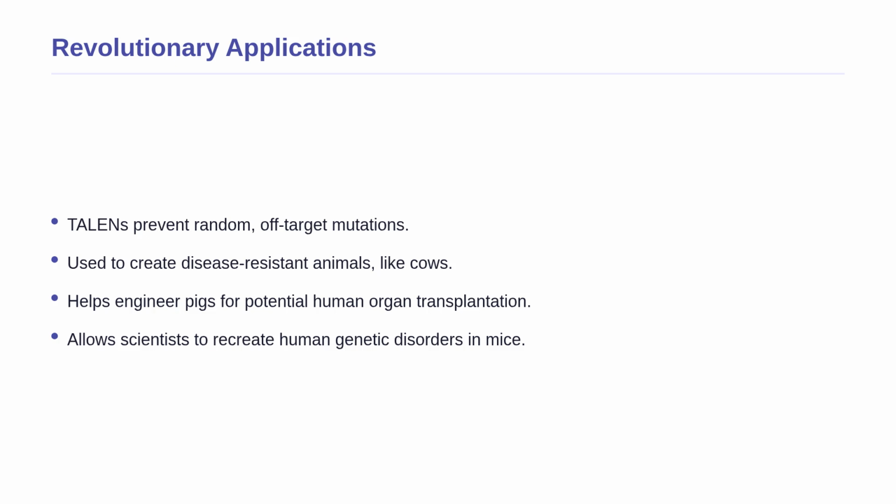Today, we use TALENs to create genetically modified animals with incredible traits, such as cows that are completely resistant to devastating agricultural diseases. They're also being used to engineer pigs whose organs might one day be safe for human transplantation. Furthermore, they allow scientists to recreate complex human genetic disorders in laboratory mice, which is critical for testing potential cures.